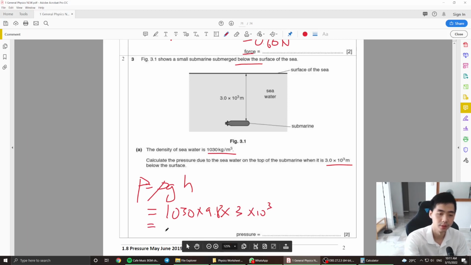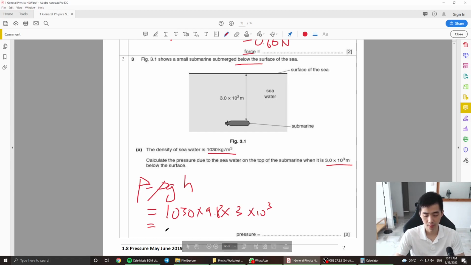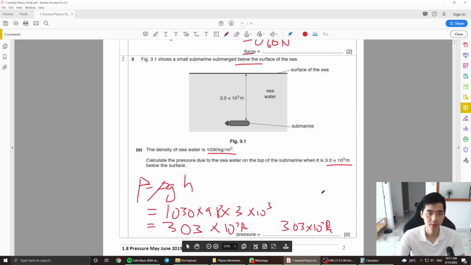Press this into your calculator, you're going to get a really big number. It's going to be 3.03 times 10 to the power of 7 pascals. 3.03 times 10 to the power of 7 pascals here.